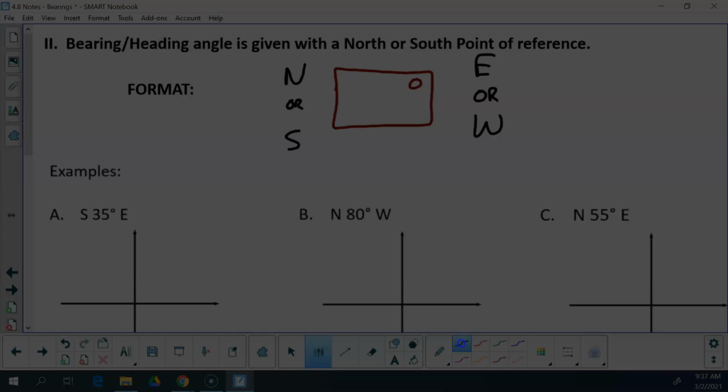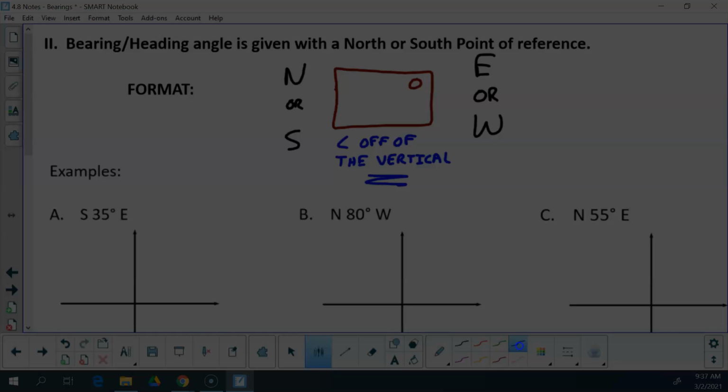Then this angle here is going to be not the reference angle, but the angle off of the vertical.